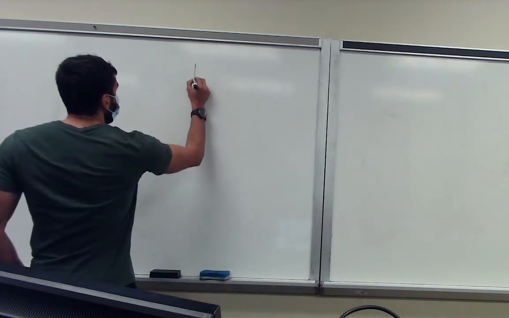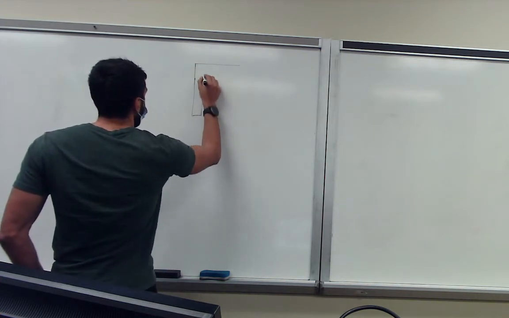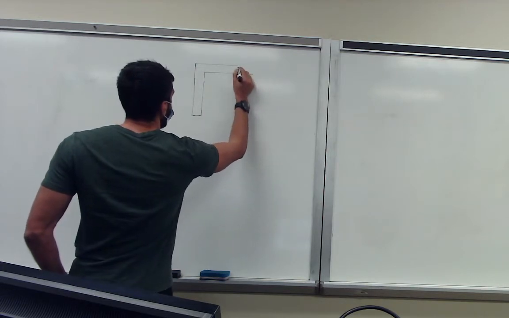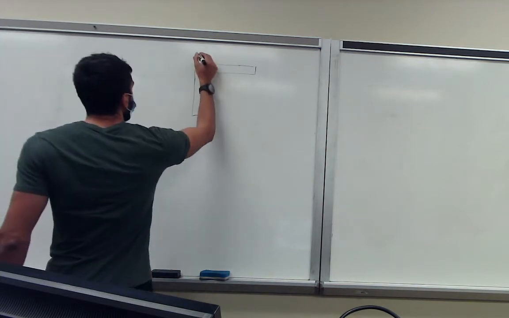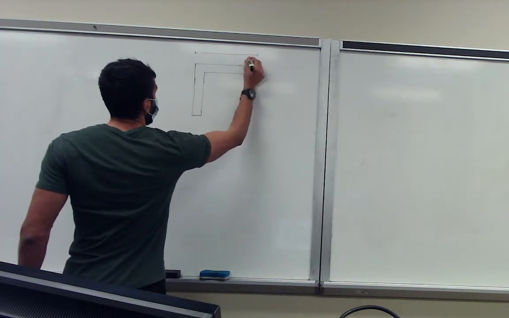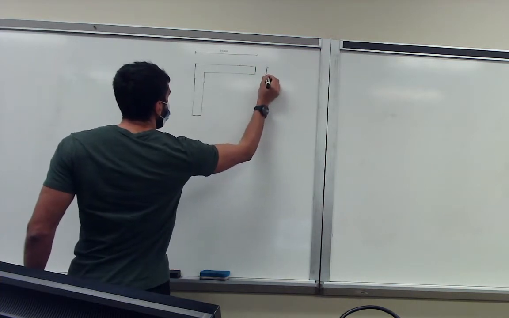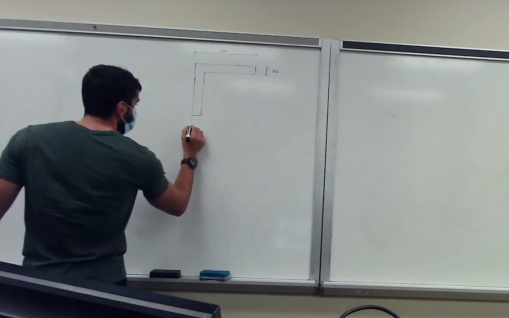So we basically have an angle-shaped geometry. Dimensions are given as 100 millimeters, 10, and another 10 here.